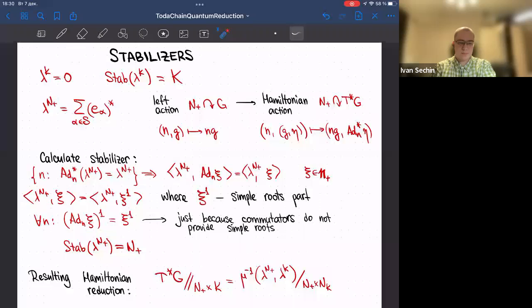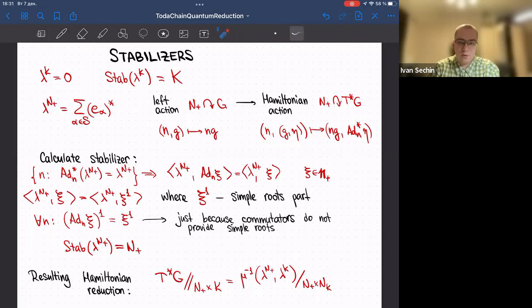And now we want to say for which n, if we act adjointly on psi, we obtain the same.